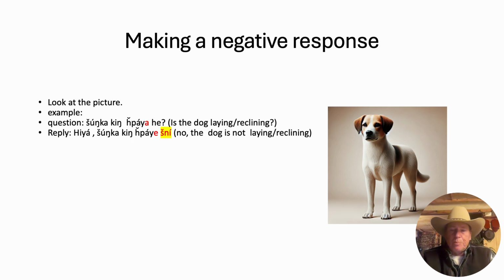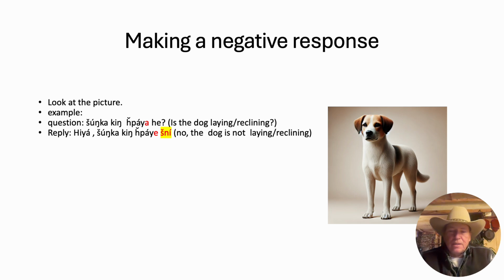So in this example, you can put a picture of a dog that is standing, right? And you can ask the question, Shunka ki khpaya he? Is this dog laying down? Is it in a reclining position? And so the students or your children will look at the picture.